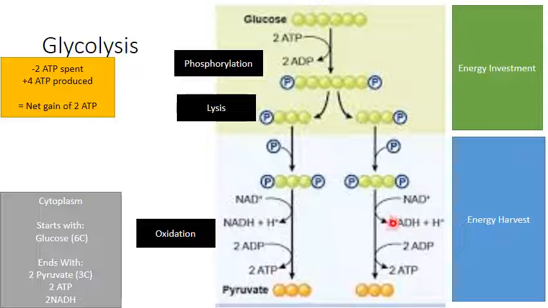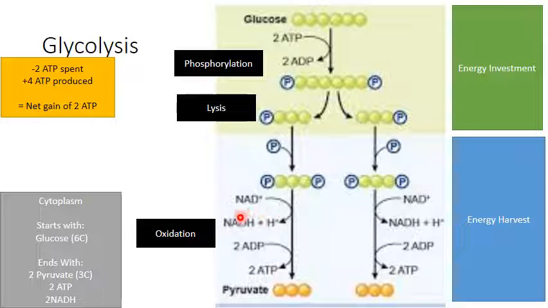And then we're also going to be able to use each of these phosphate groups to rephosphorylate ADP into ATP. So I'm going to do that 4 times total. 2 for this molecule, so 1 ADP to ATP here, another ATP here, another ATP here, and another ATP here.